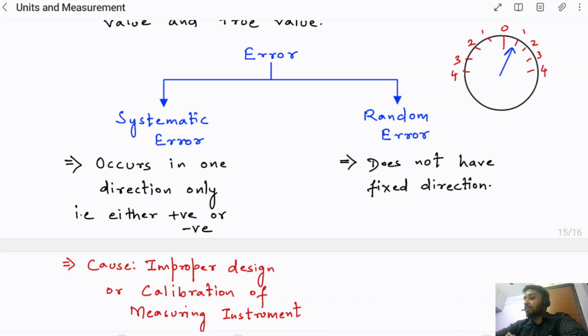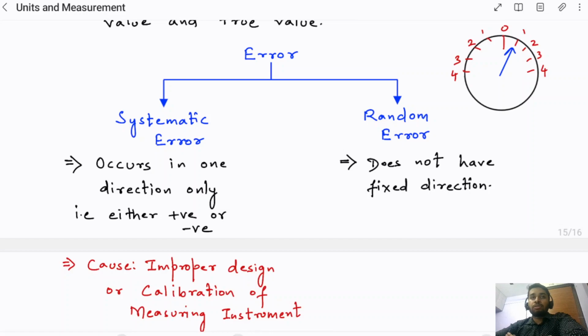Now the good thing about systematic error is that it is always in one direction, meaning later even if you realize that there is a zero error of 1 ampere, you can go back and correct your readings, because you will know that whatever measurement you have taken has an error of 1 ampere, so you can simply subtract 1 ampere from all the measured values and you are going to get the true value.